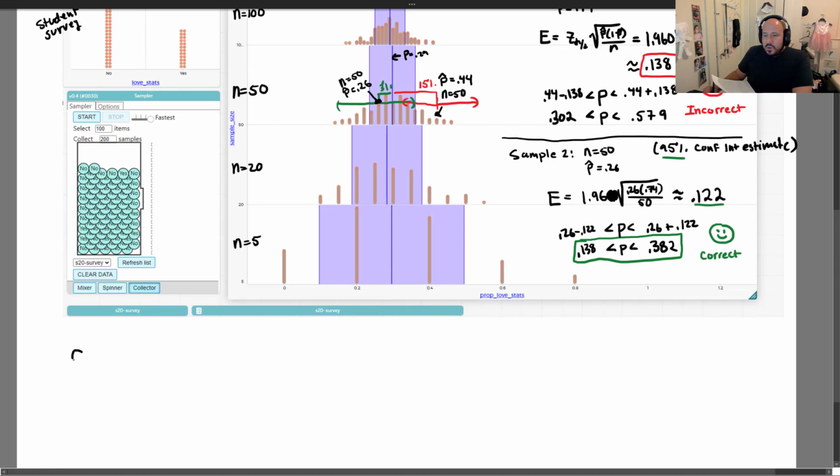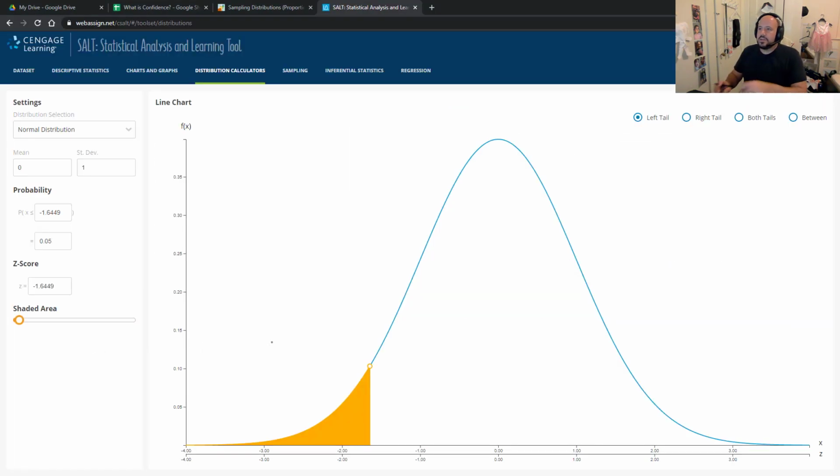Okay, and so what I'm going to drop right below here is basically a definition for confidence level. Okay, it's not really a definition, it's more of an explanation of what we mean when we say that we want to be 95% confident. Okay, and so I'm going to go ahead and go to a web browser.